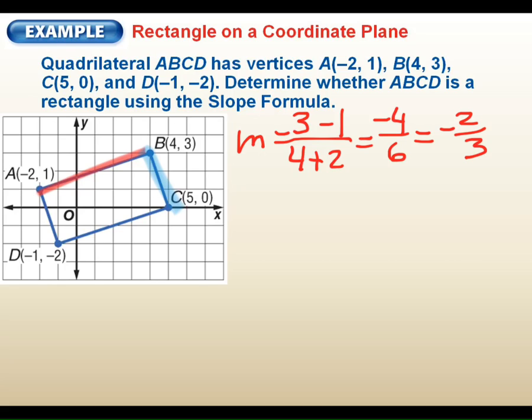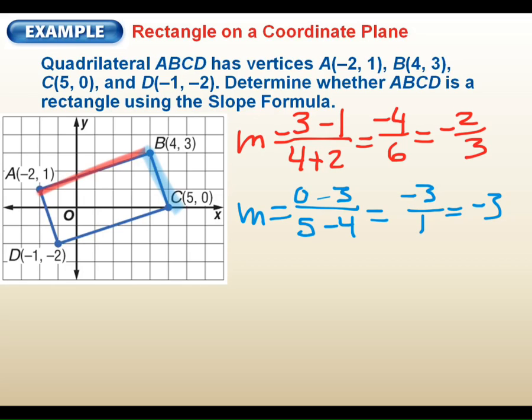Let's find the slope of BC. Remember, here I'm using y2 minus y1 divided by x2 minus x1. The slope of BC is negative 3.